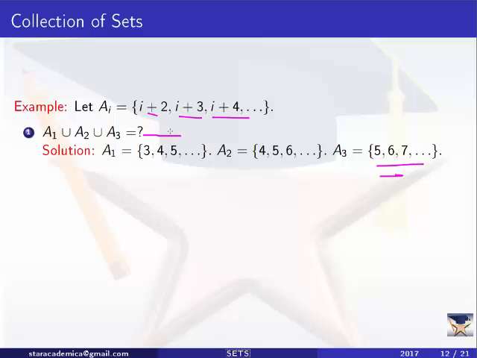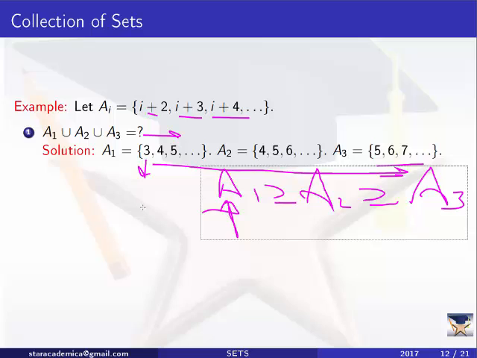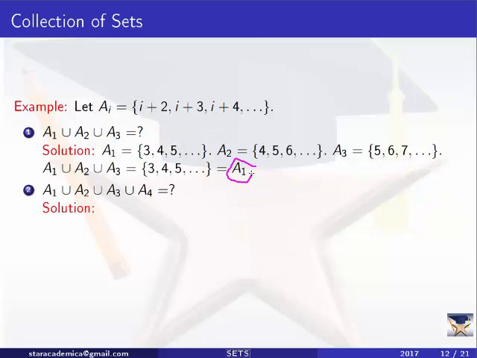So for the union of these three, if we pay attention carefully, this one starts from 3 and goes to infinity, so A1 contains A2, and A2 contains A3. So this is the largest one containing everyone, so the union will be A1. Good. Now, if we combine everything, I mean A1, A2, and A3 with A4, what happens?